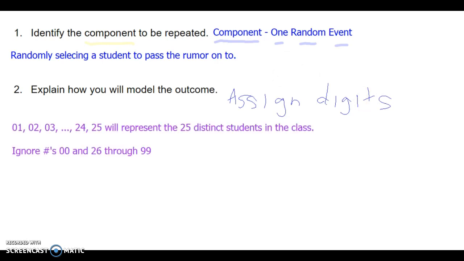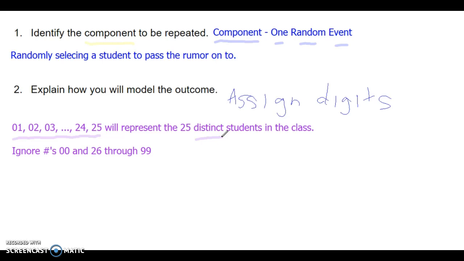I'm going to let 01, 02, 03, 04, all the way up to 25 represent the 25 distinct students in the class. Now, because I say distinct students, we are not looking for repeats. So that's what we have to be careful of. And we'll talk about why we want to stop when we get a repeat here in the next question.